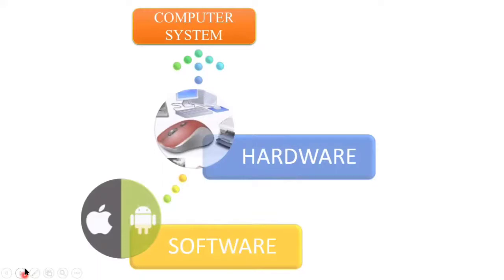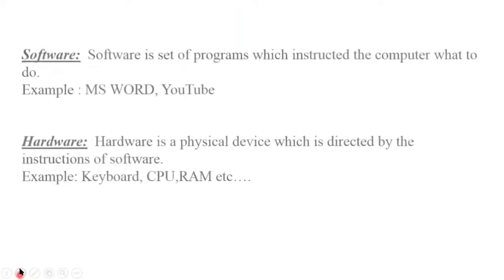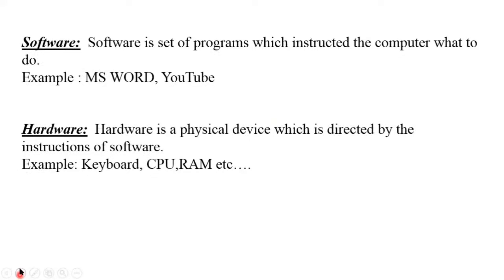Software is a set of programs which give instructions to computer or hardware on what to perform, like MS Word or YouTube. Hardware is a physical device which is directed by the instructions of software, like keyboard, CPU and mouse.